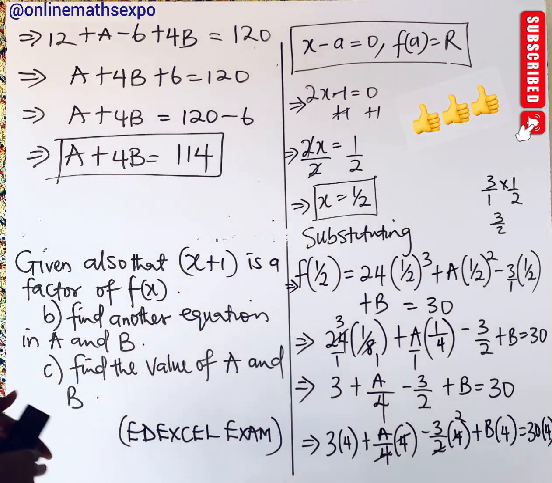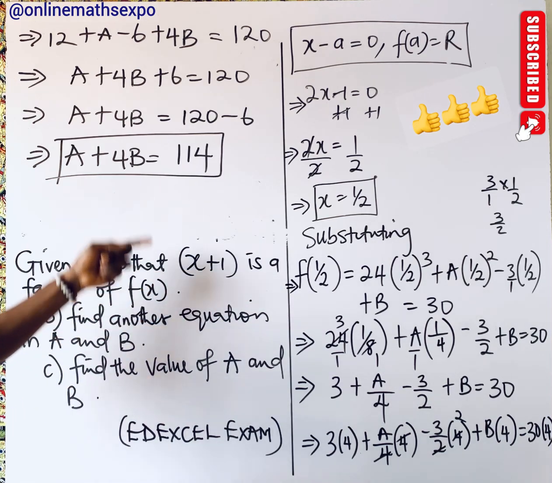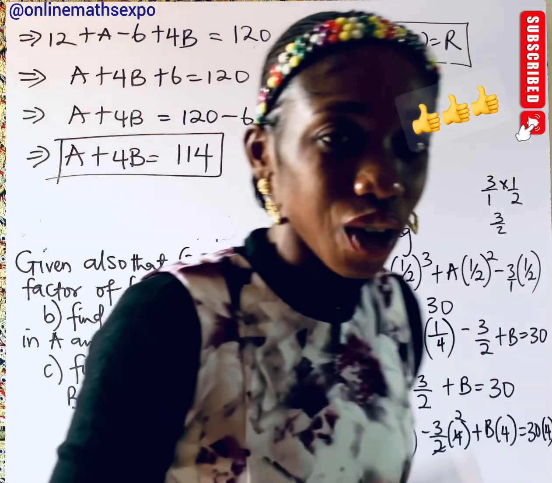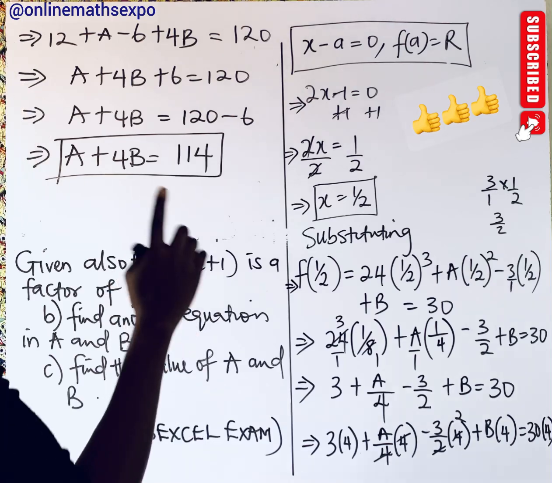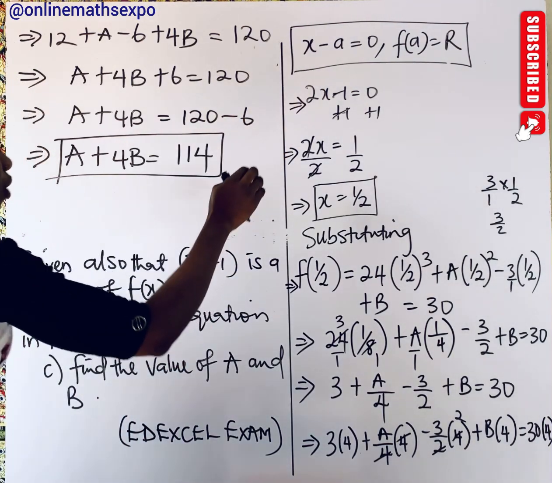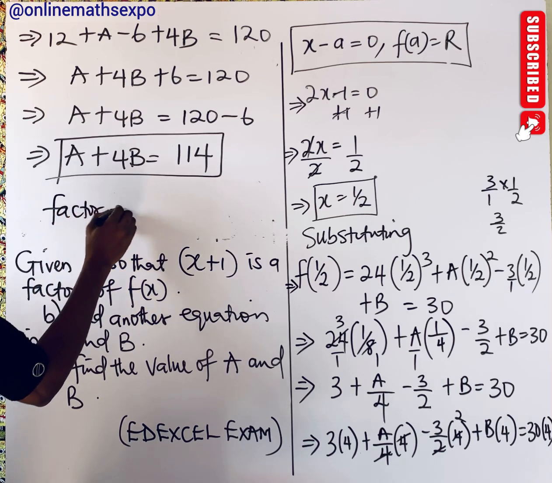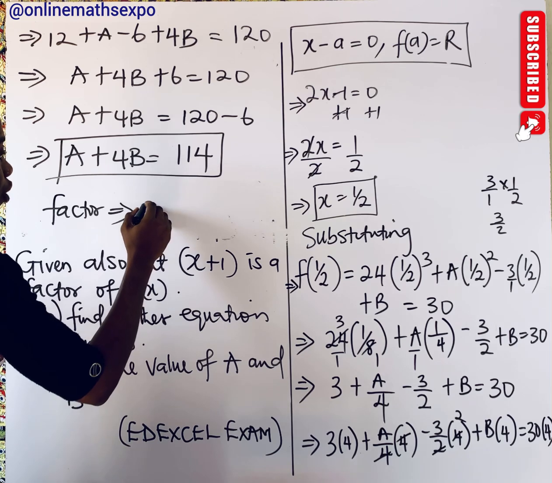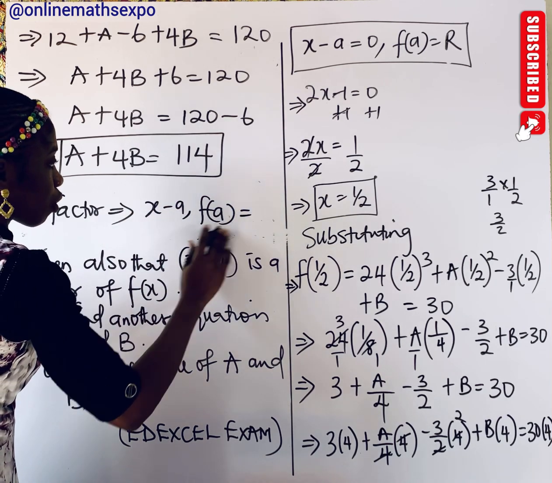Okay, so the next part says, given also that x plus 1 is a factor of the same polynomial. So what does it mean? When you hear about factor, it's just the same with the remainder. The only difference is that for a factor, when you divide with x minus a, for the factor theorem, what it means is that f of a is going to be 0.